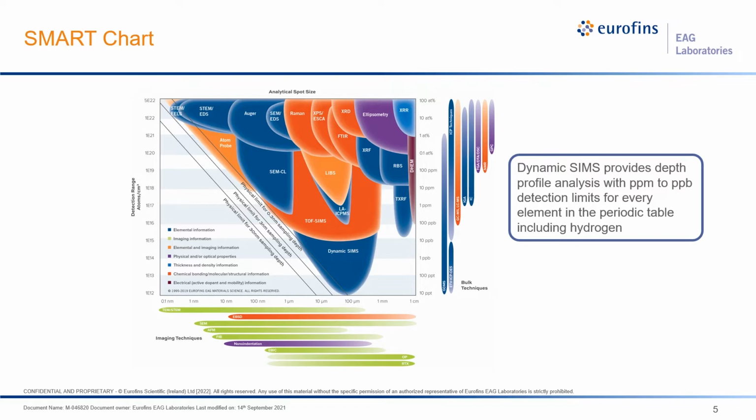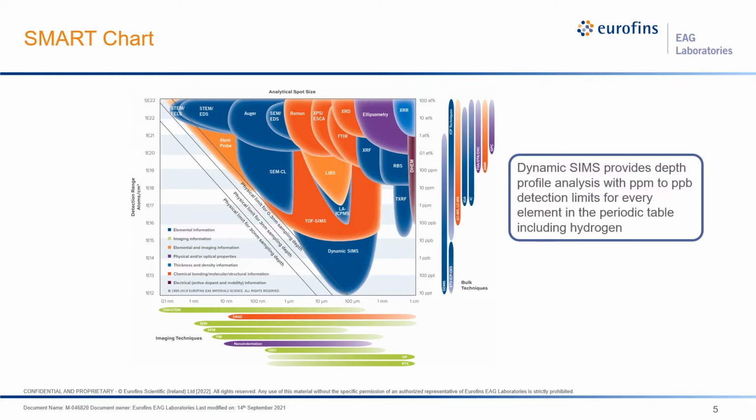The colors of each circle give you what type of information is being obtained. The blue circles give you elemental information, while the orange circles give you molecular information, as described in the legend in the bottom left corner. You can download this SMART chart from our web page and dive into it even further.